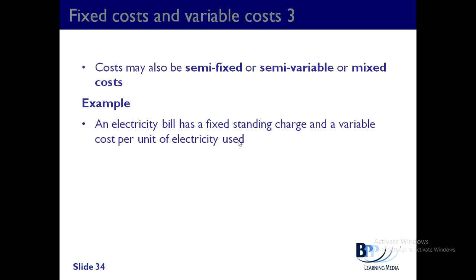For example, a total cost may include the fixed cost and the variable cost combined. So this is called the semi-fixed or the semi-variable costs. We'll look at this when we look at cost behavior as well. That's why we'll look at how you can separate a semi-fixed or semi-variable or mixed cost into a fixed and a variable cost.